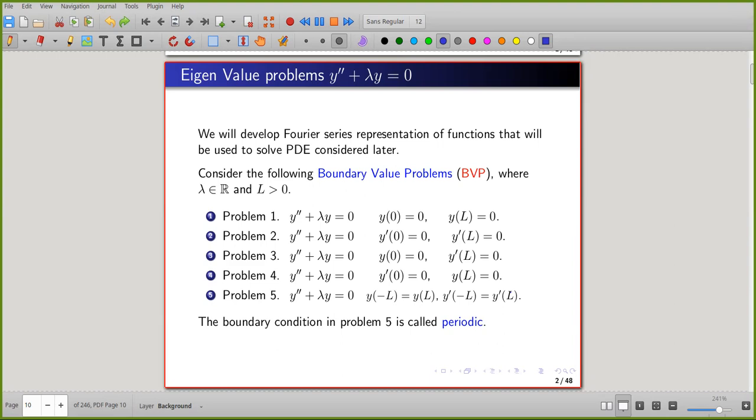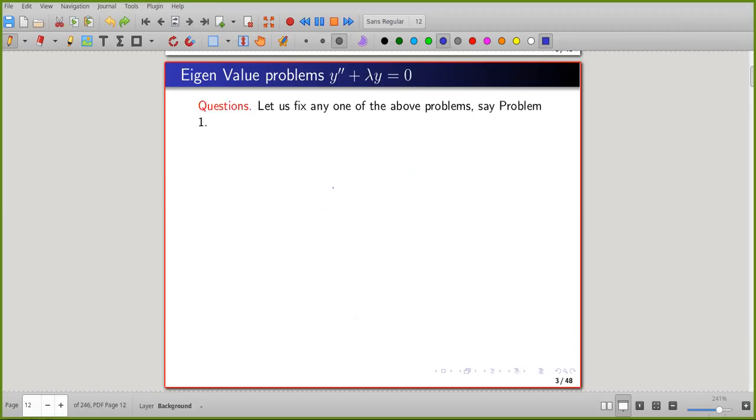Let's just stare at these questions for a few seconds. Let me just repeat what I said. We need to solve for lambda and functions y which satisfy this. That's exactly what I've explained in the next slide. So, questions.